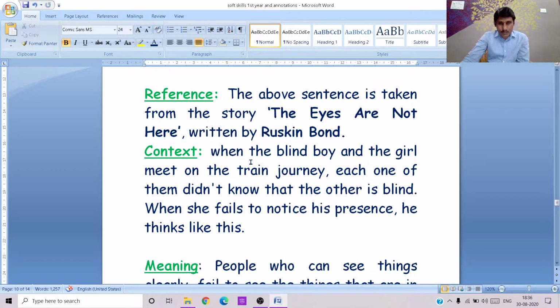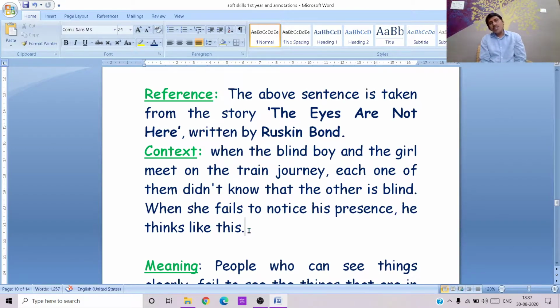When the blind boy and the girl meet on the train journey, each one of them didn't know that the other is blind. The common condition is they didn't know that the other person is blind. And when she fails to notice his presence, he thinks like this.